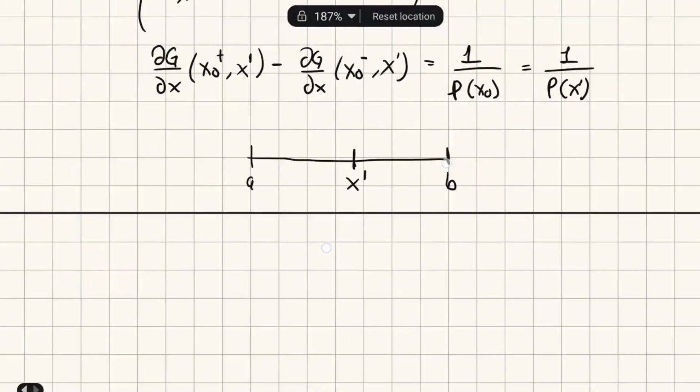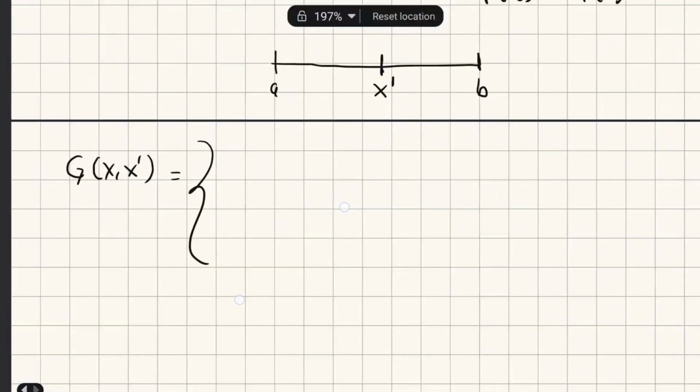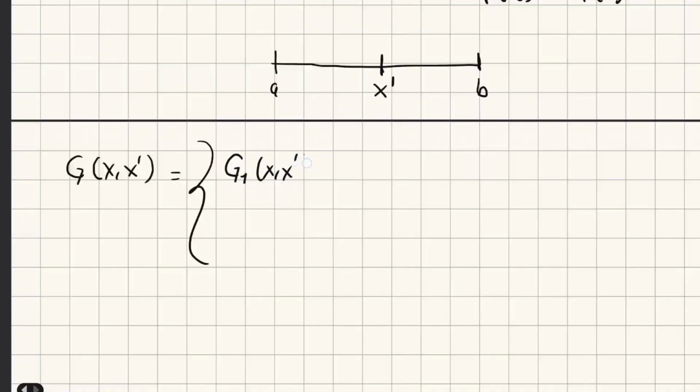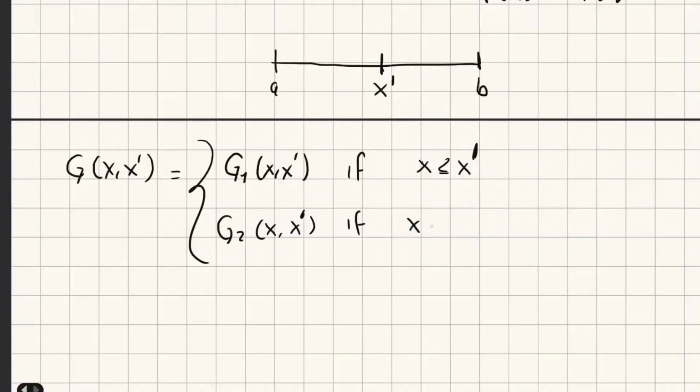So we are going to express the Green function as a function defined by parts: for the first part, g1 evaluated at x comma x prime if x is less than or equal to x prime, and then g2 of x comma x prime if x is bigger than or equal to x prime.